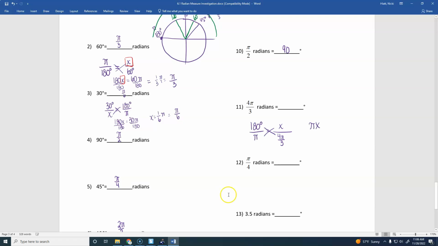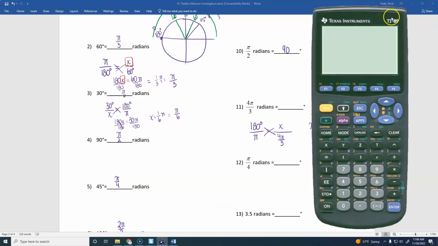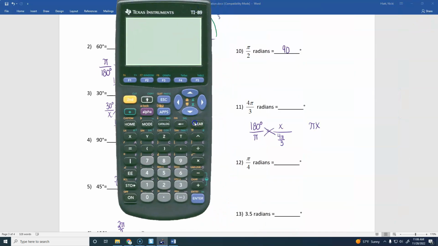And then I will let you use your calculator on these, but whenever you do this, keep the pi with your answer unless it's something like number 13, okay? Because if we do 180 times 4 pi over 3, using the 89 calculator, you're going to get this big decimal. It will work.